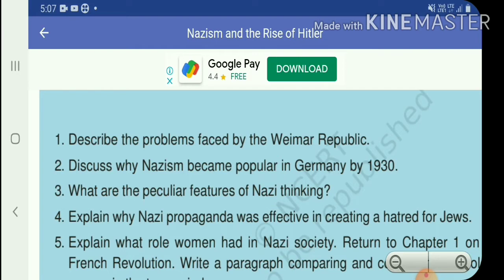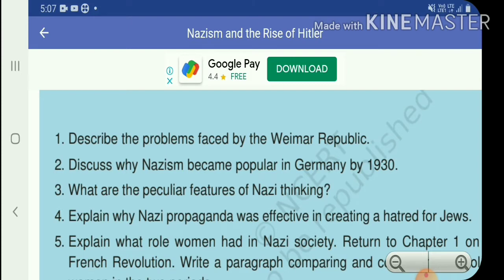Thus, a National Assembly met at the town of Weimar to form a republic with a democratic constitution and a federal structure. But this newborn republic was not well received by its own people for the following reasons.